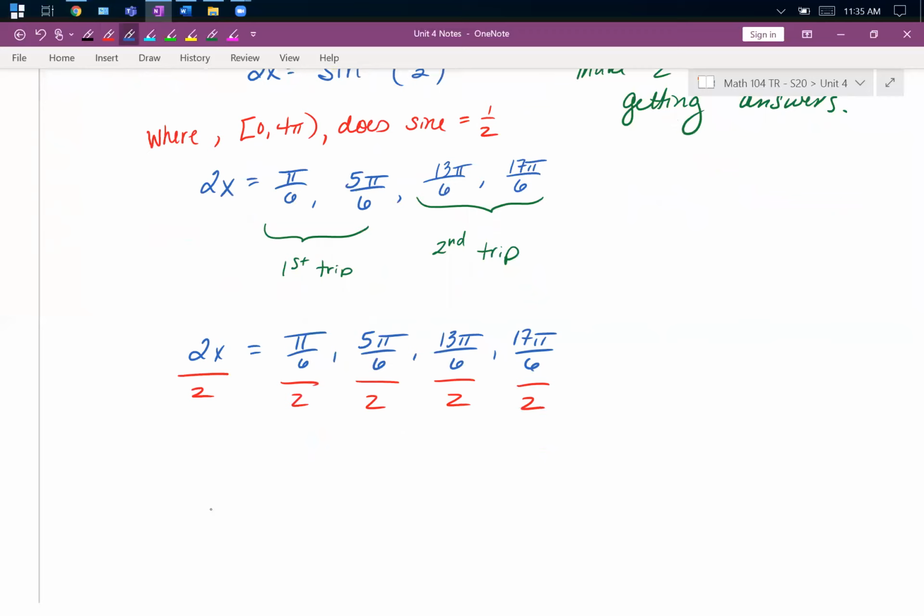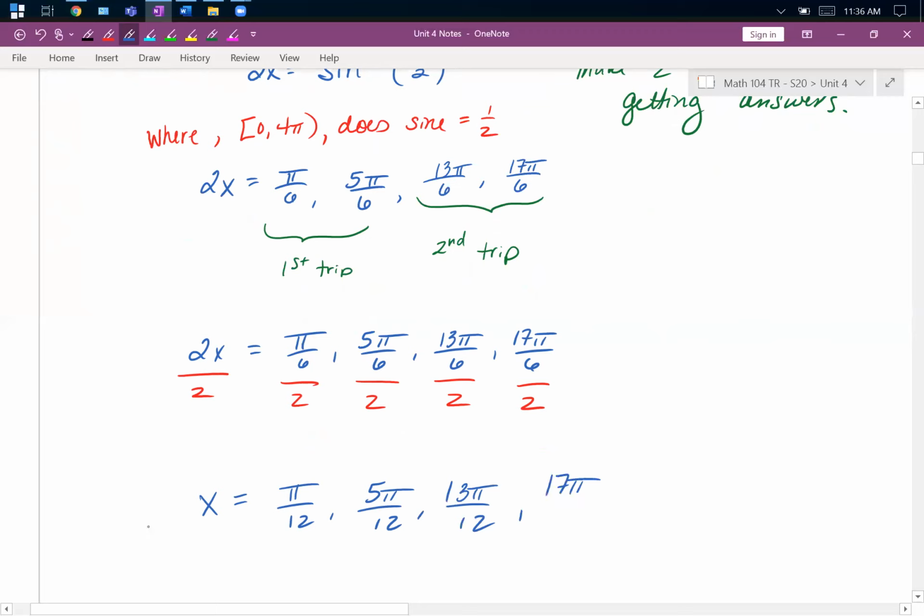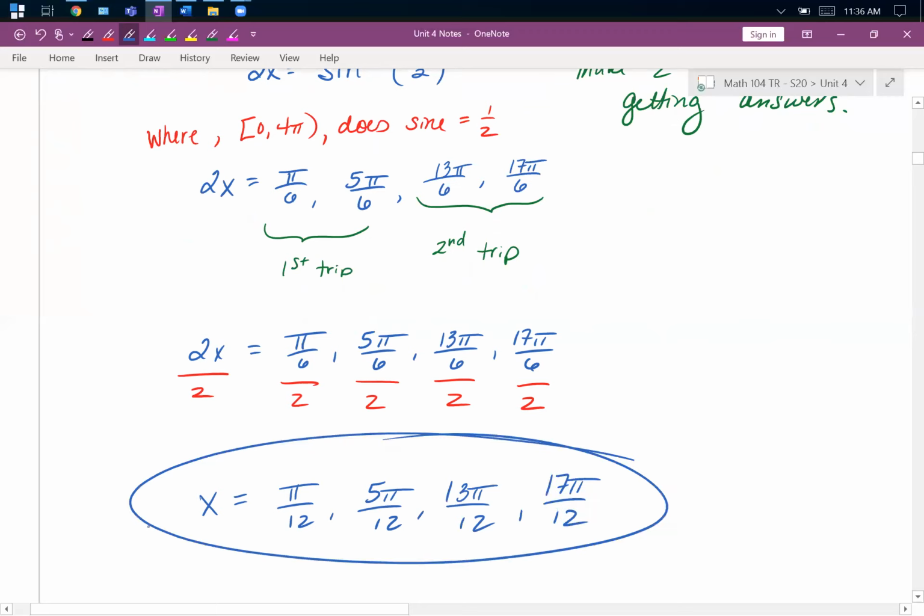Our final answers end up being x equals pi over 12, 5 pi over 12, 13 pi over 12, and 17 pi over 12. And those 4 answers do fall in between 0 and 2 pi. Questions?